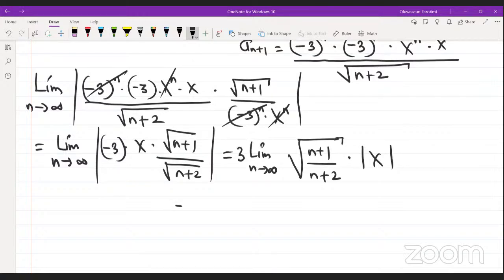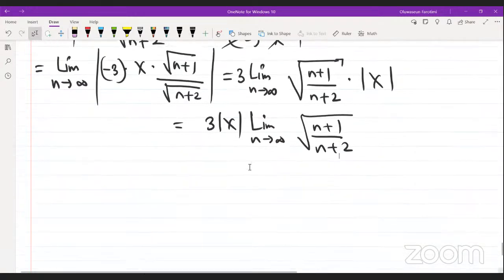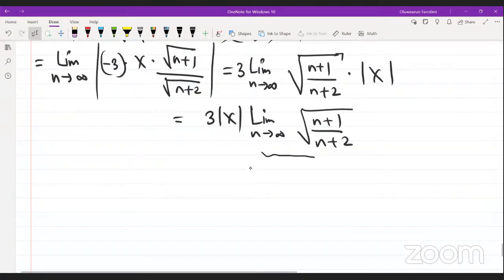This guy is the same thing as 3 absolute value of x, limit as n goes large, square root of n plus 1 divided by n plus 2. Okay, so we've done a lot of things about limits in the past. What is the limit of this guy? The limit is just 1. This is like 3 absolute value of x.